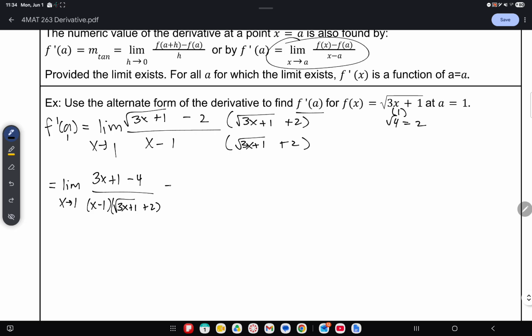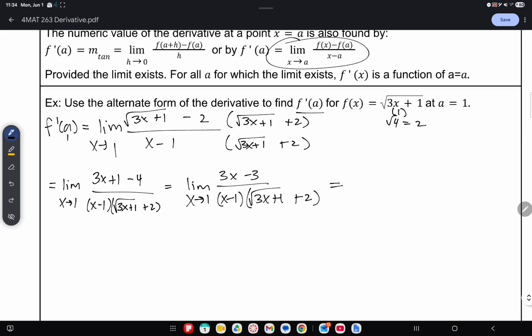Can simplify that numerator. So I have the limit as x goes to 1 of 3x minus 3 all over x minus 1 times square root of 3x plus 1 plus 2.